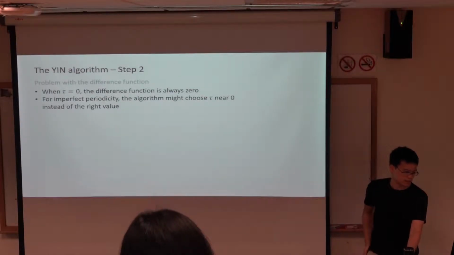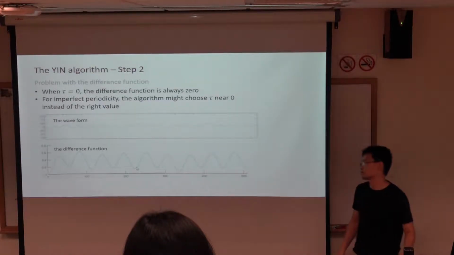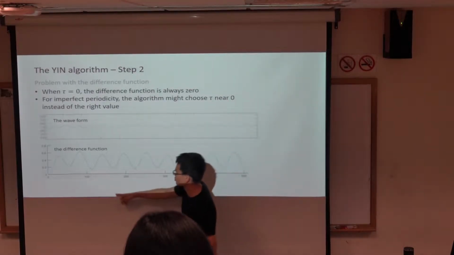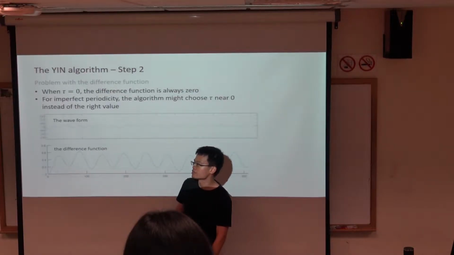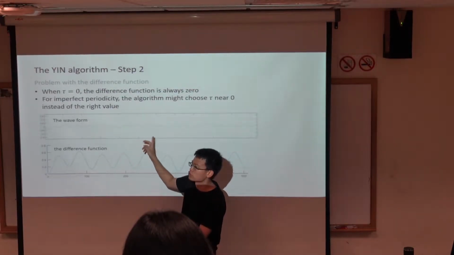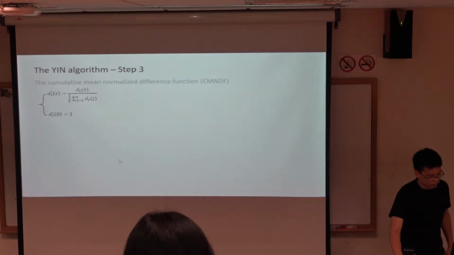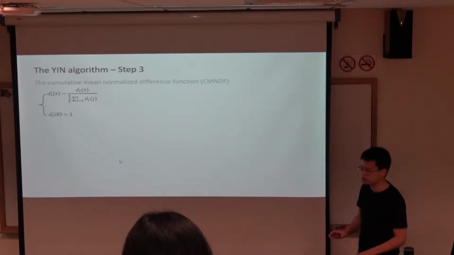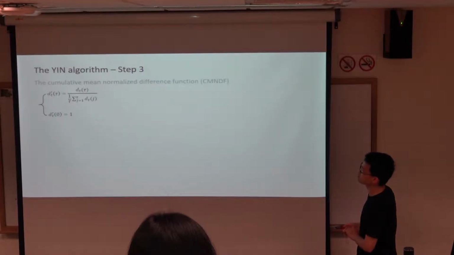Okay, next step. It's the same in that we want to choose this minimum, but it's just the opposite of the former autocorrelation function. Step 3 is that we substitute the difference function with another function called the cumulative mean normalized difference function.